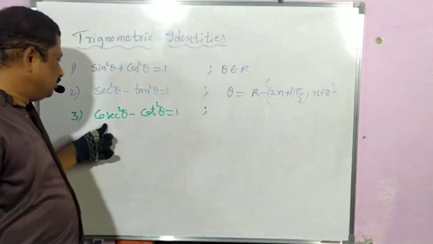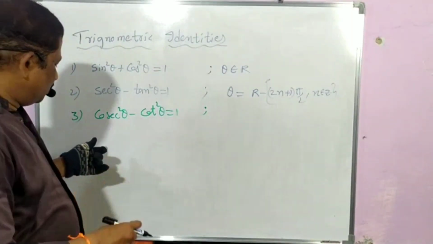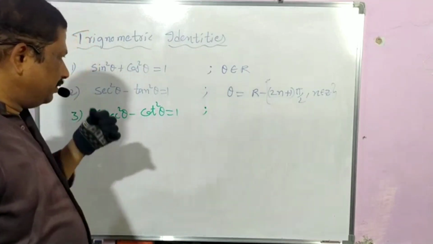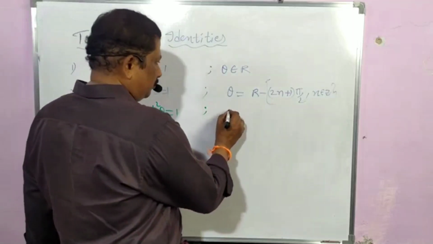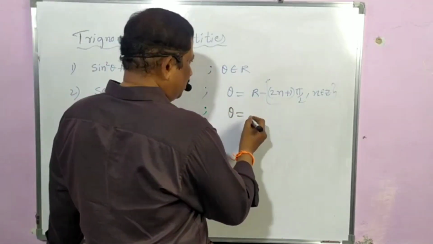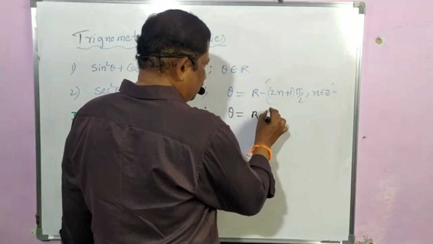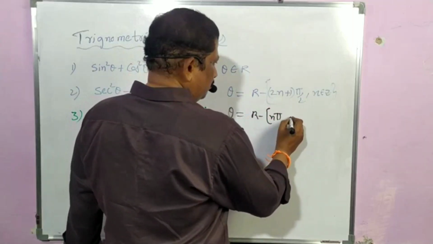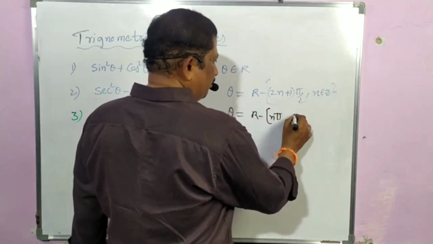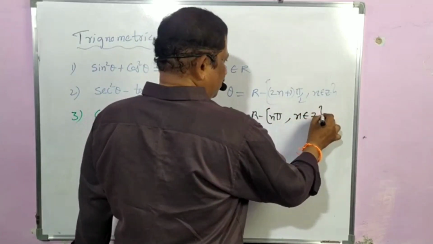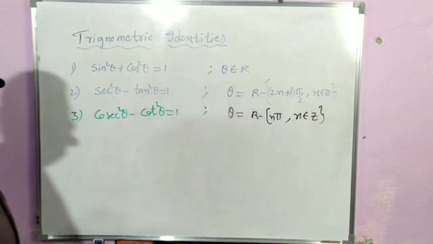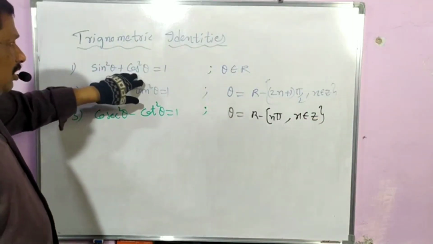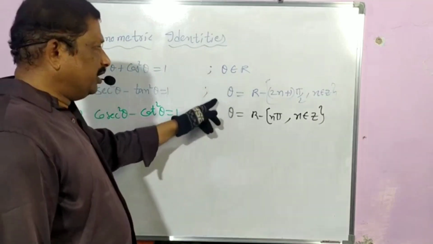Next, here you see cosecant. Cosecant of 0 degrees is infinity, so for 0 and pi also it is not defined. So the domain is R minus n pi, for all n belonging to Z. These two are conditional identities.